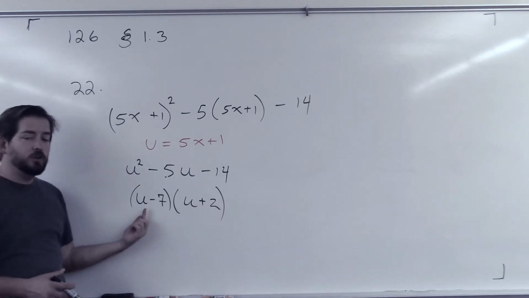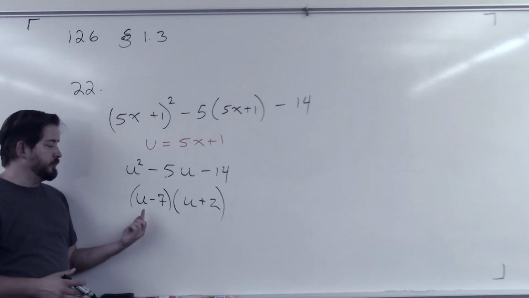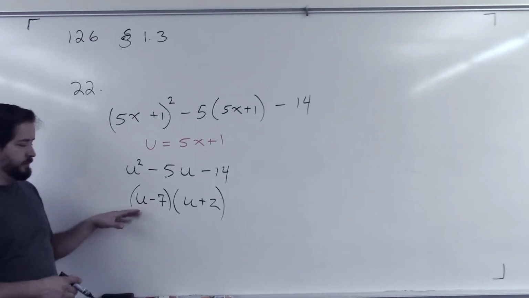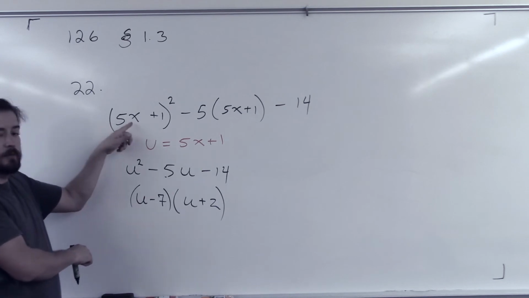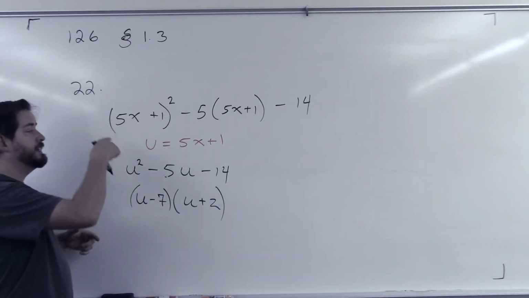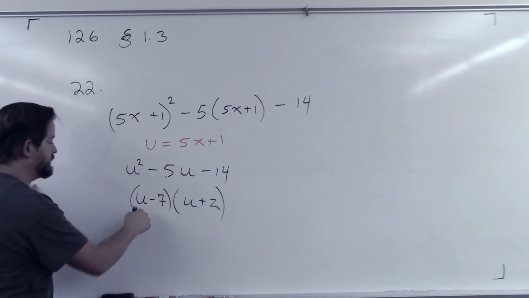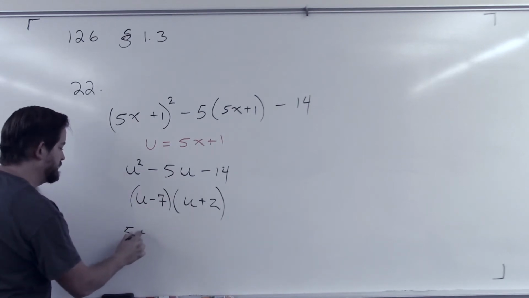However, I'm in u, and I don't care about u. That sounds harsh. I don't care about the variable u, I care about x, right? So I need to go back into x. u is equal to 5x plus 1, so I'm going to replace each of my u's with 5x plus 1.